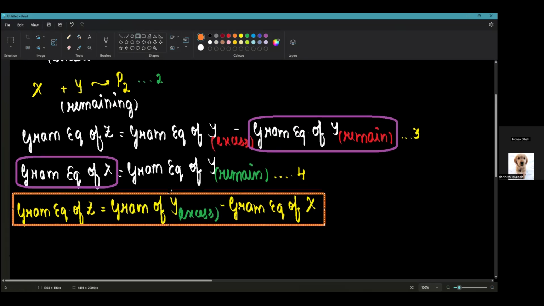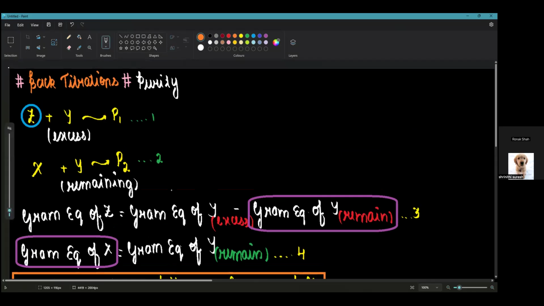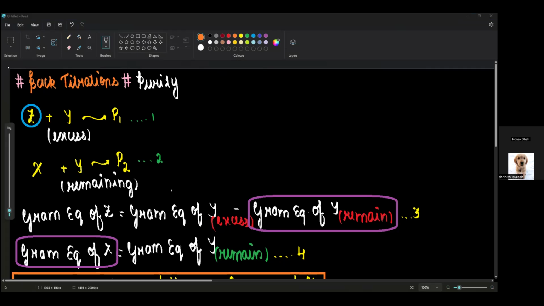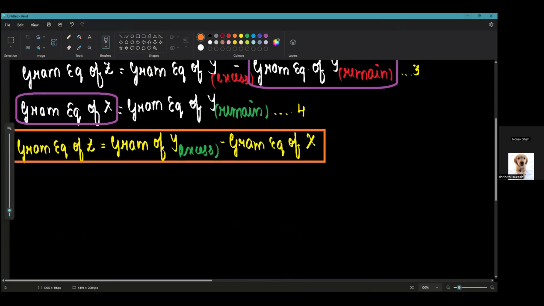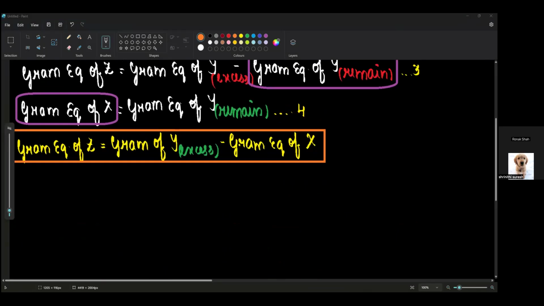Based on this, let's try to solve one particular question. I want to write down the final formula. Yes, please write it down. And then you can open the PDF of questions that I had given you yesterday.